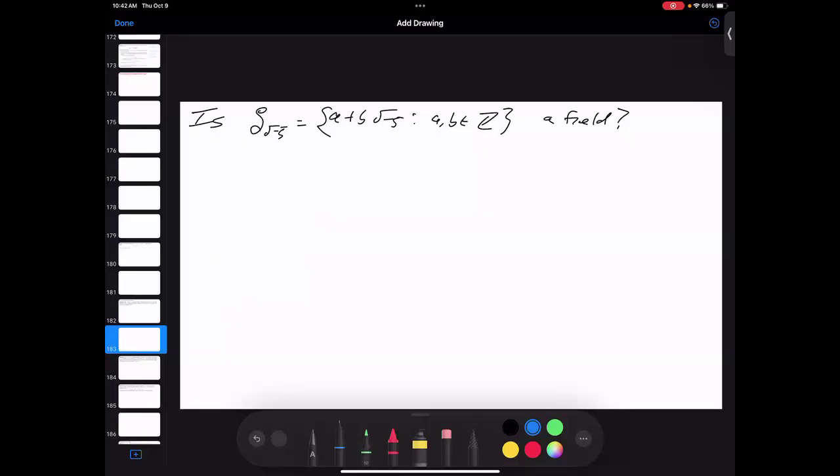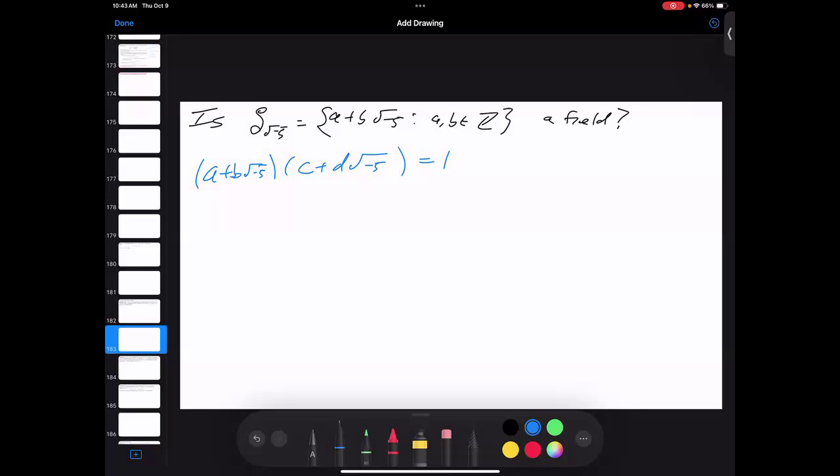One is I could give you a plus b square root of negative 5 and try to find a c plus d square root of negative 5 so that this equals 1. That's what I have to do. And one possibility is to show no matter what a and b you give me, I can always find a c and a d.